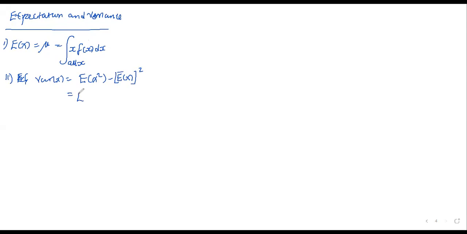So one can write it as E of x squared minus mu squared. And in this situation, E of x squared is ideally the integral over all x of x squared times the function f of x dx. So I'm going to give only one example on this, and the rest you try them out.